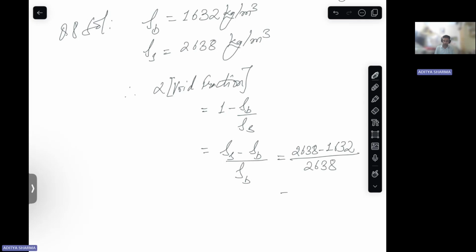So this comes out to be 0. Just calculate it once. Yes. So this comes out to be approximately 0.38. So this is your void fraction.